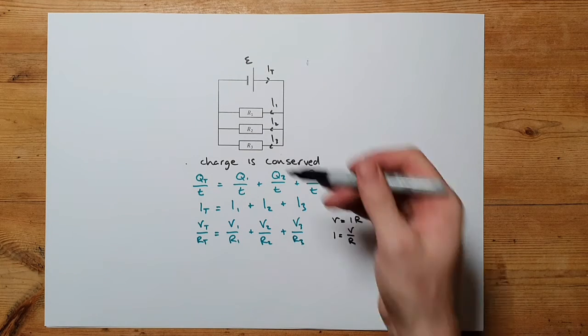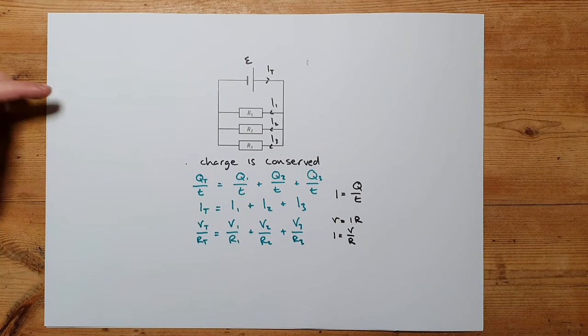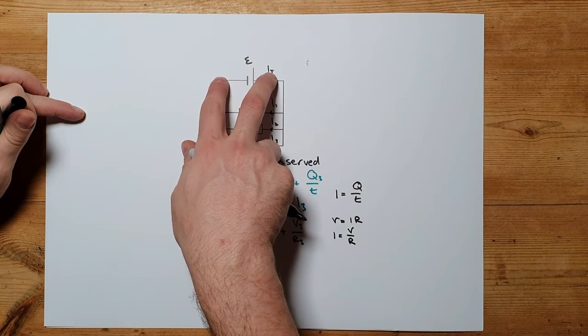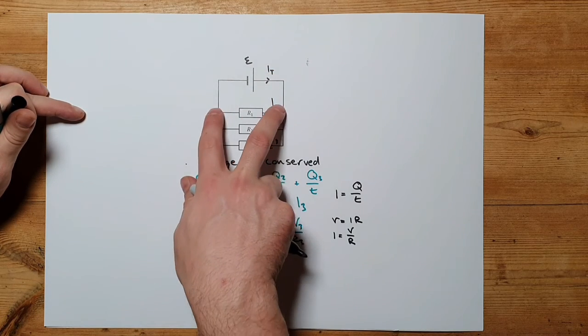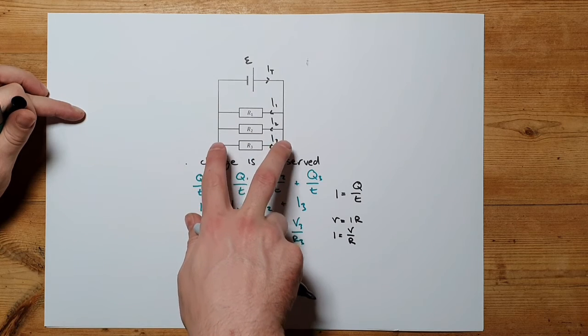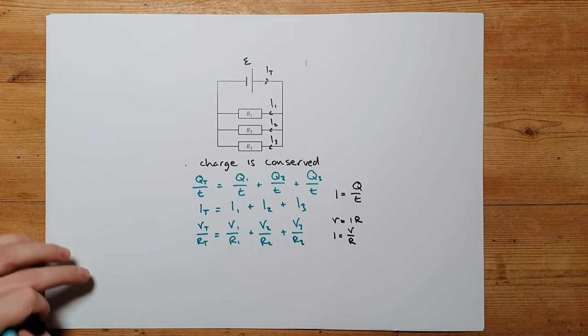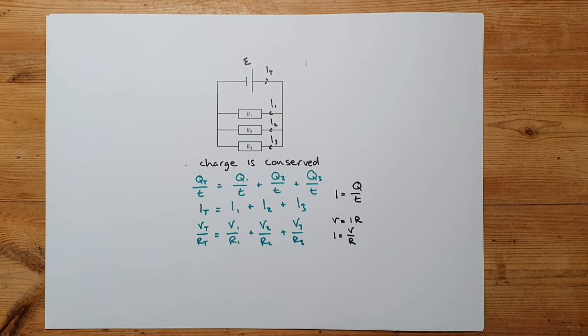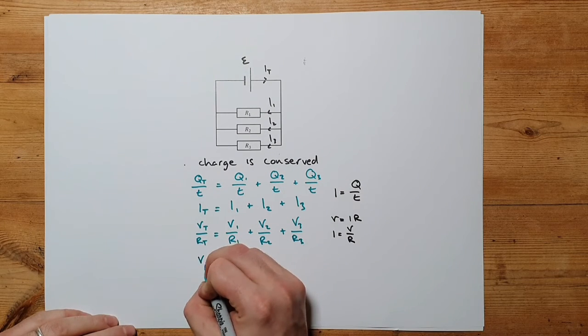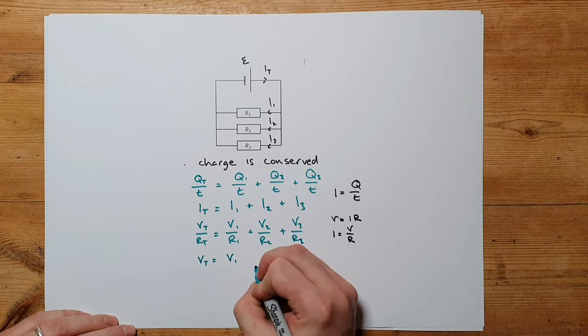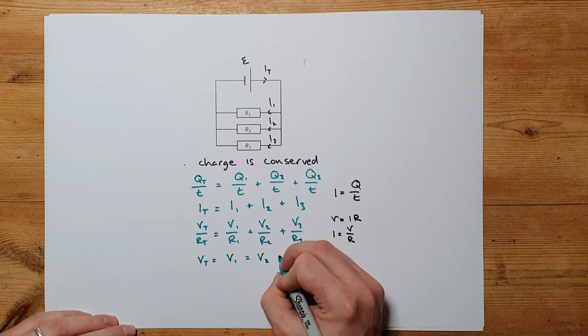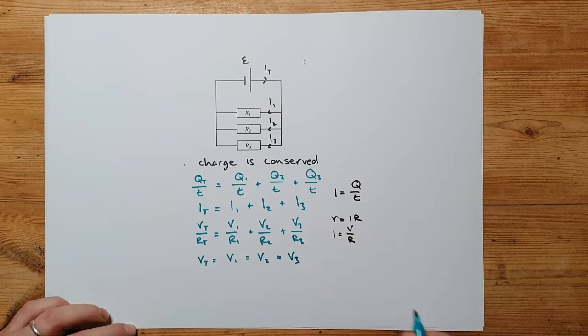Now in a circuit like this, which is a parallel circuit, you should know that the EMF of the cell is the same as the voltage across each branch of our parallel circuit. So that means that our total voltage, or our EMF, is equal to V1, which is also equal to V2, which is also equal to V3.